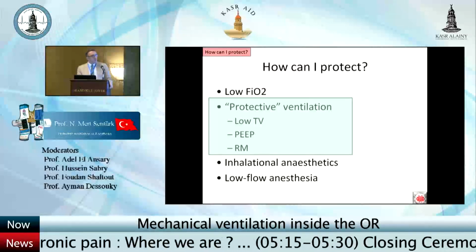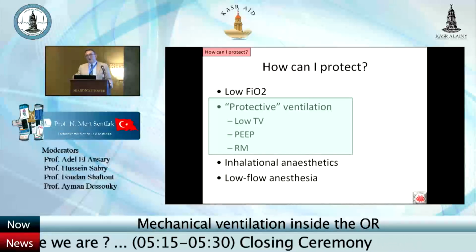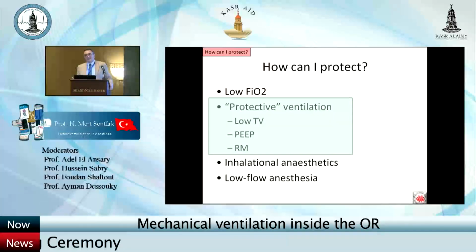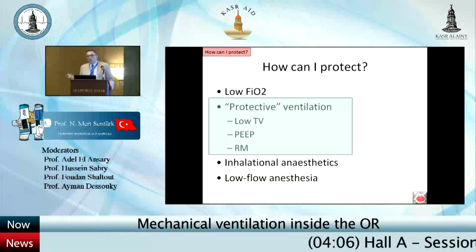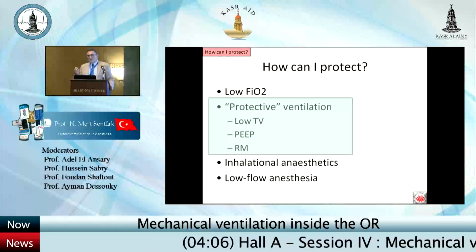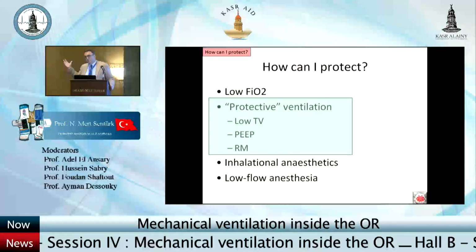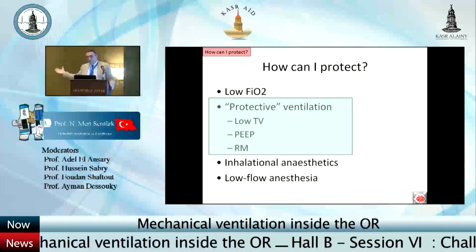In my youth, during my residency, we had flows like 6, 8, 10 liters per minute. Even 4 liters per minute was in those times a low flow. Nowadays, if my resident applied 4 liters per minute, I would say, are you crazy?